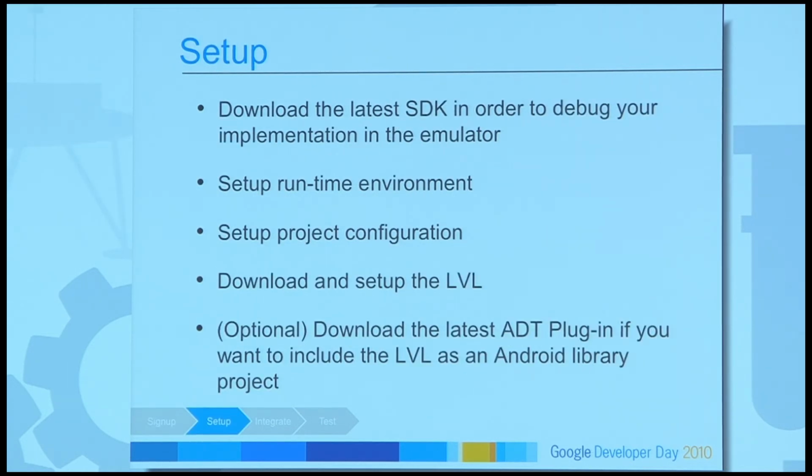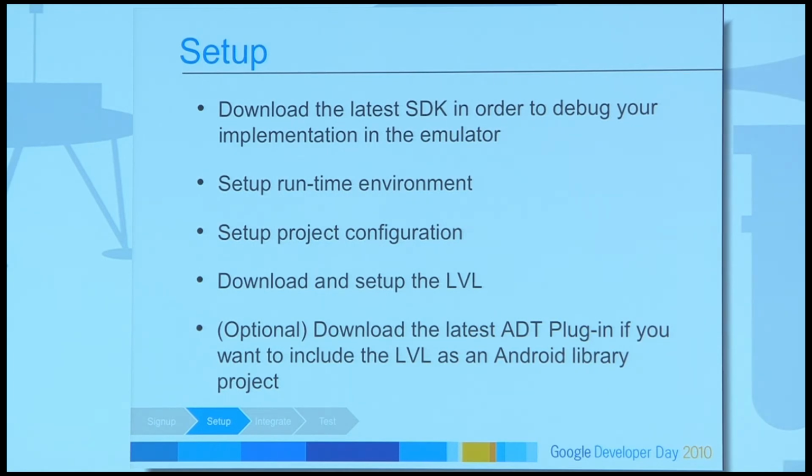Set up. There are a couple of things you need to do. First, you need to download the latest SDK in order to debug your implementation in the emulator. You need to set up the runtime environment and the project configuration. Then you need to download and set up the market licensing package, the library.